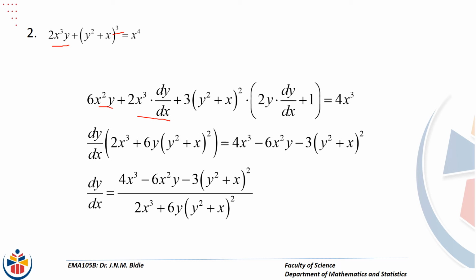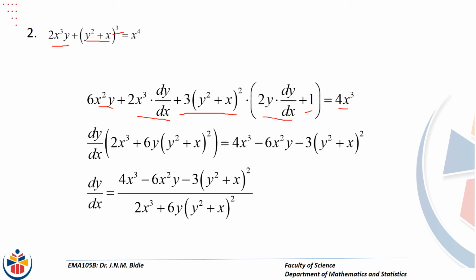Use the power rule first. 3 into y squared plus x all to the power 2 multiplied by the derivative of what's inside, which is y squared plus x. The derivative of y squared is 2y times dy over dx, and the derivative of x is 1. And then you have 4x cubed on the right hand side.